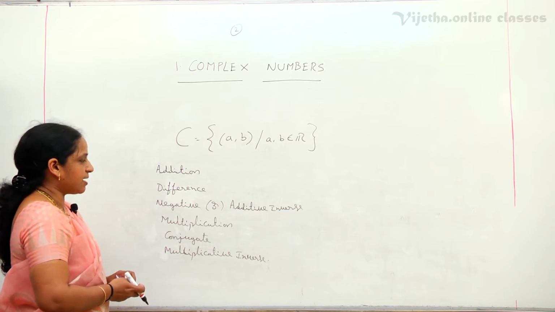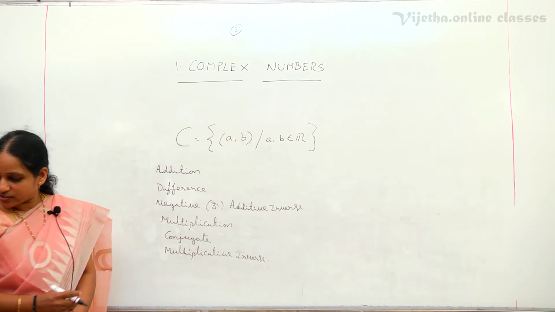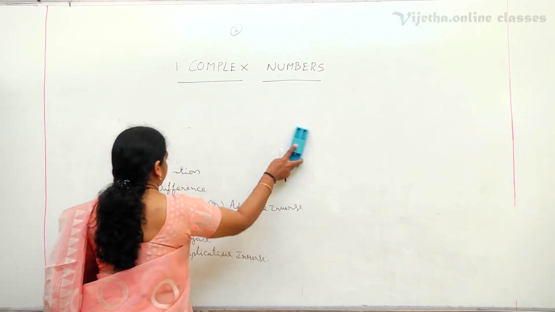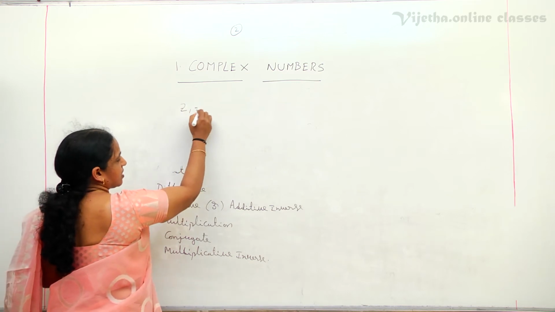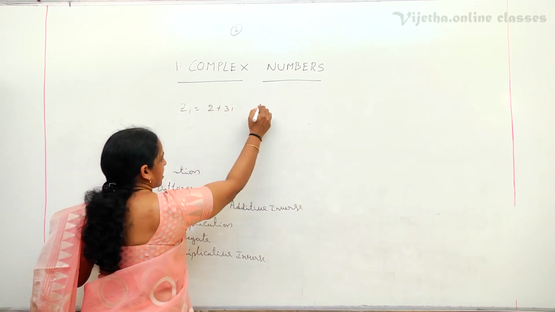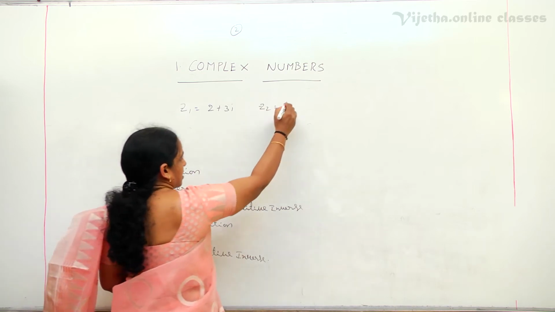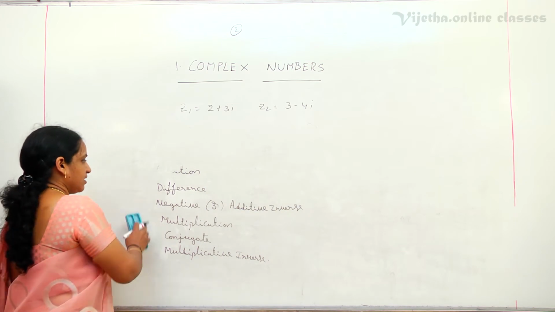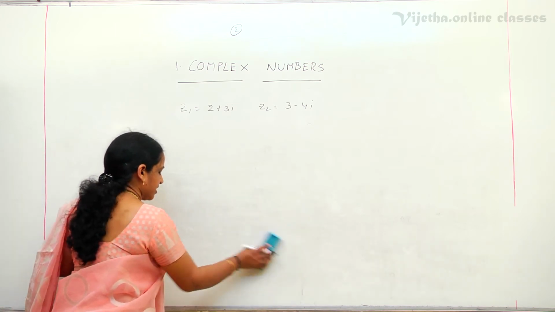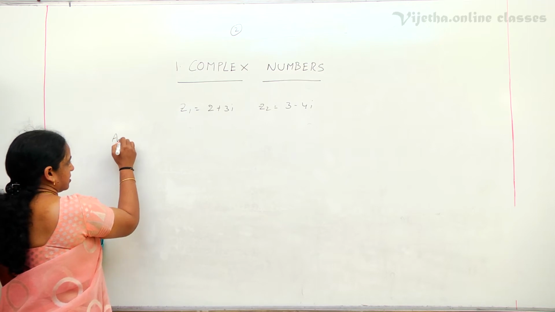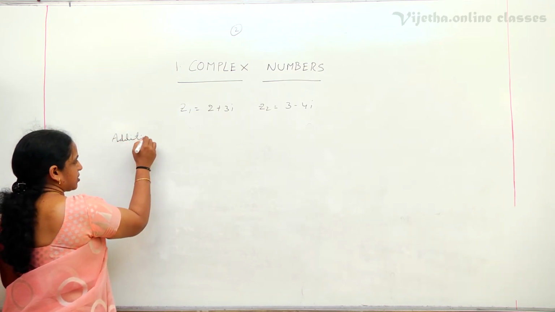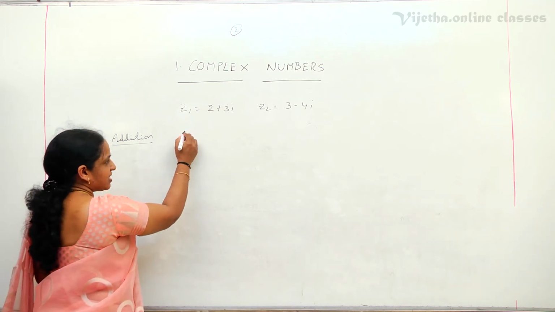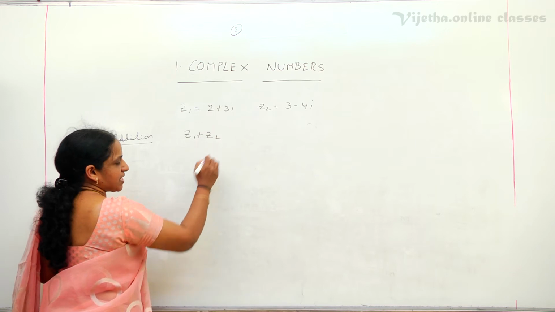For example, Z1 equals 2 plus 3i and Z2 equals 3 minus 4i. From the first definition, addition of complex numbers. Addition means the sum Z1 plus Z2.